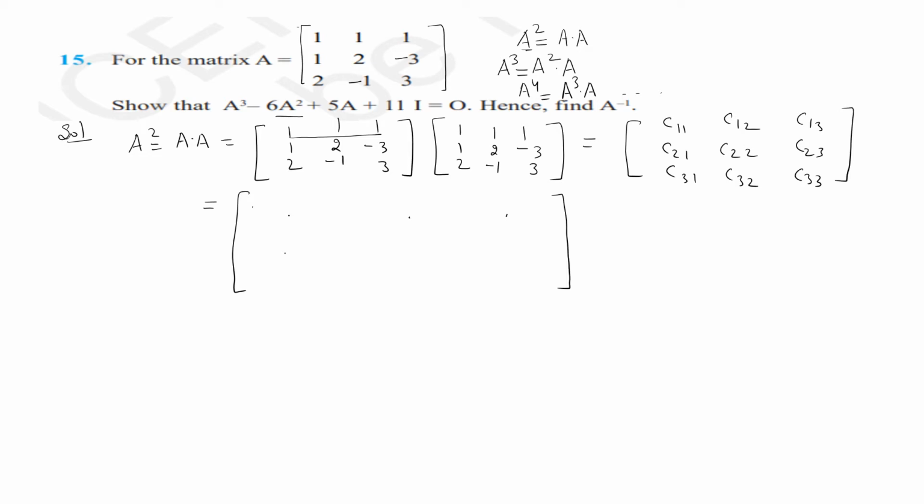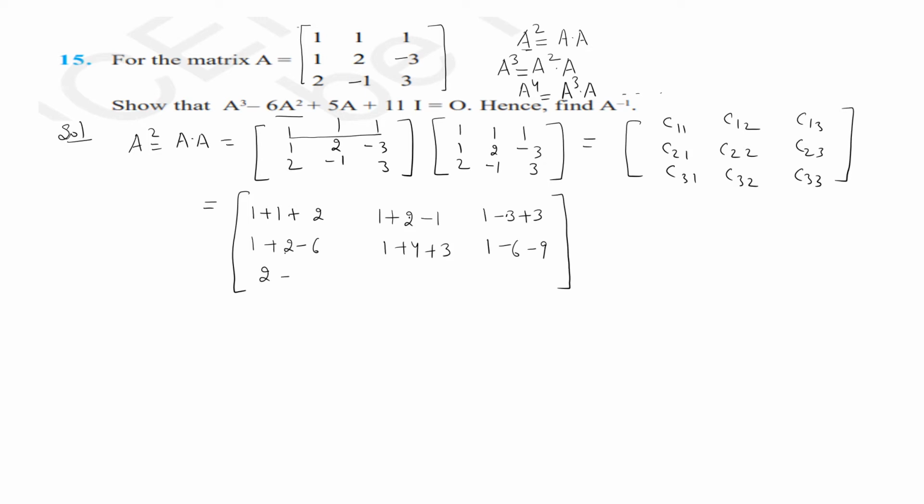It will give me 1 plus 1 plus 2. This will give me 1 plus 2 minus 1. This will give me 1 minus 3 plus 3. Okay, so this is 1 plus 2 minus 6. This is 1 plus 4 plus 3. This is 1 minus 6 minus 9.